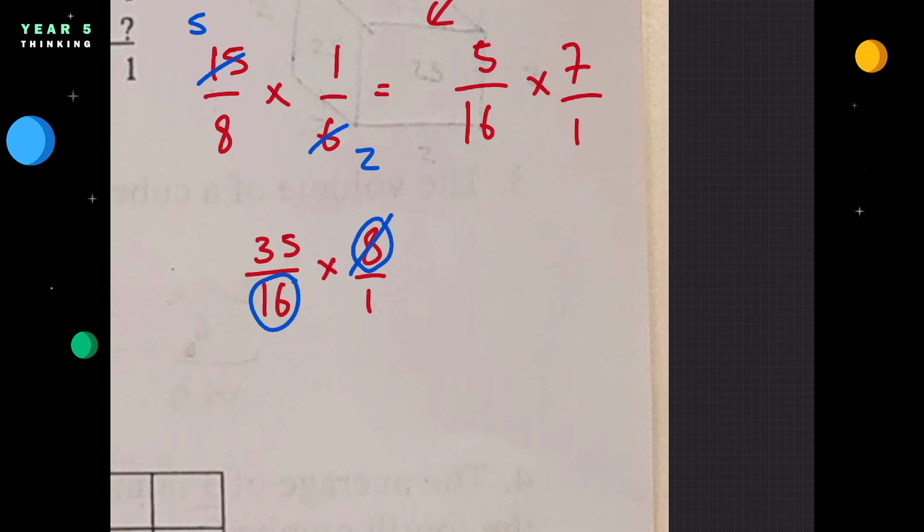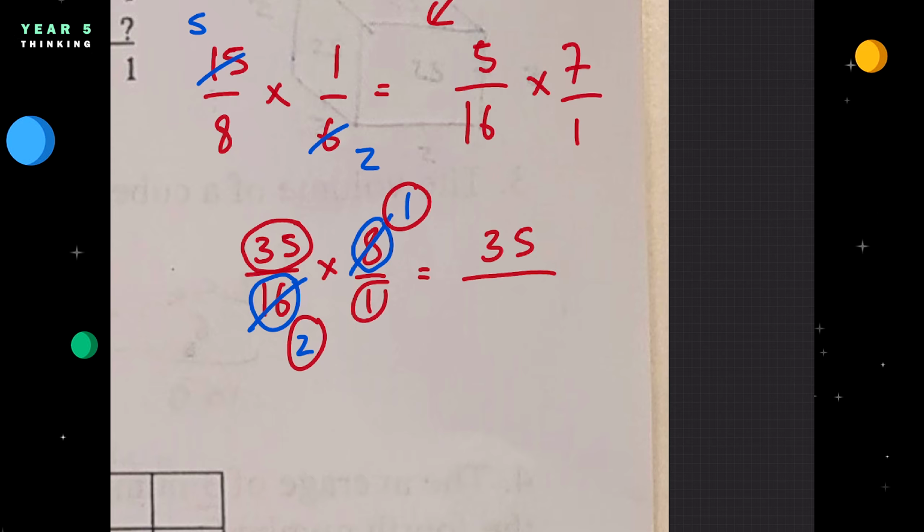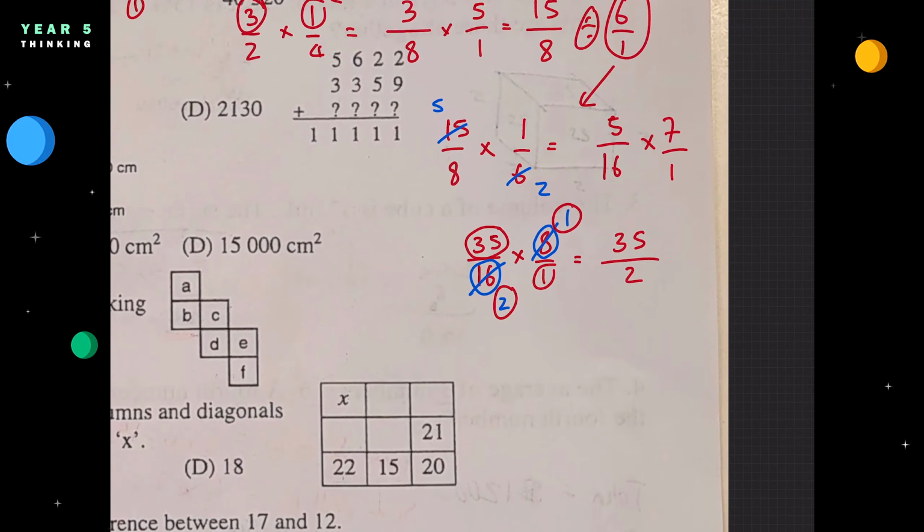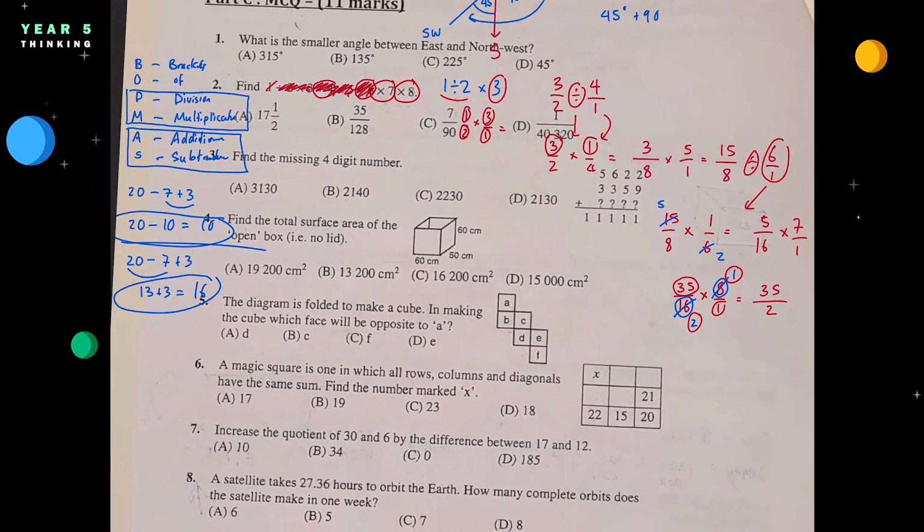I can divide this by 8, I get 1, and divide this by 8, I get 2. So it's a lot easier to simplify before you actually multiply across. Now nothing else can be simplified, so we multiply across. 35 times 1 is 35, 2 times 1 is 2. So your answer should be 35 over 2.